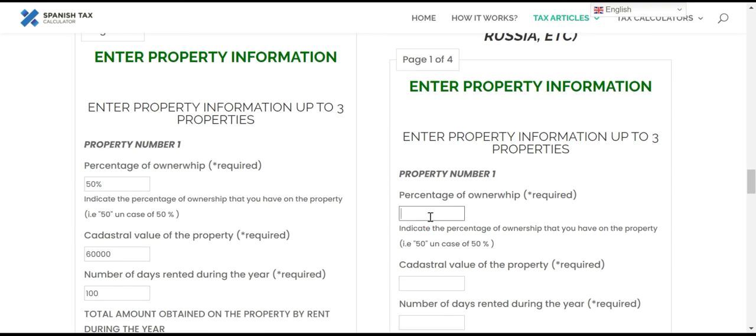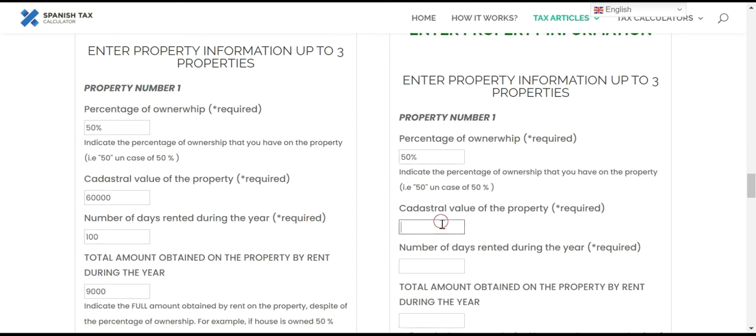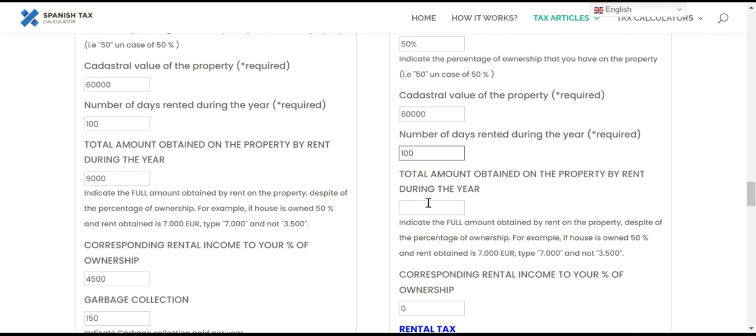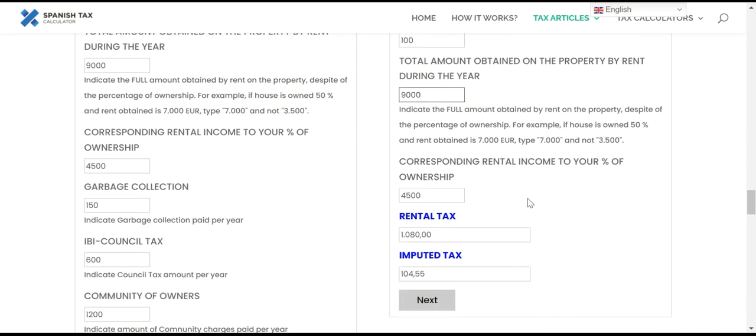So we go with 50% of an apartment. The cadastral value is 60,000. Number of days rented 100. Total amount rented per year is 9,000.